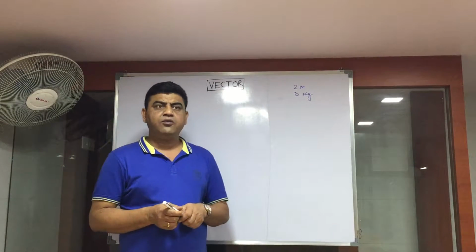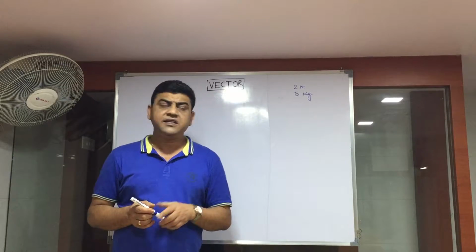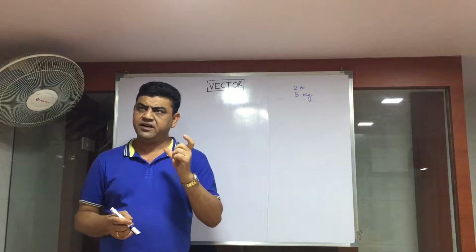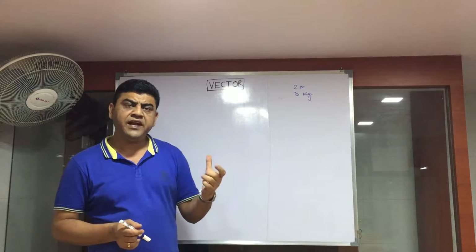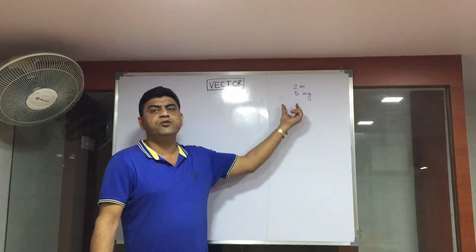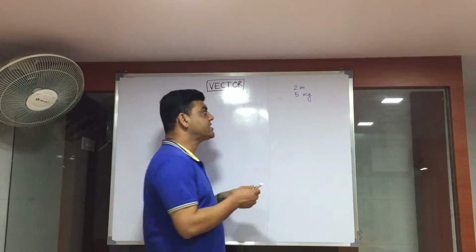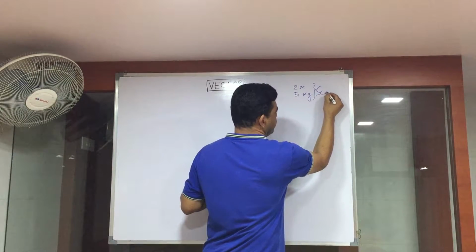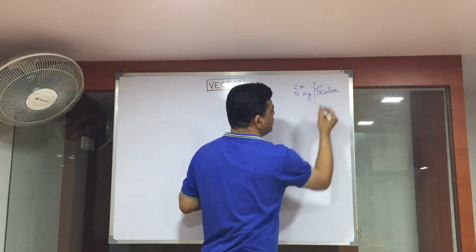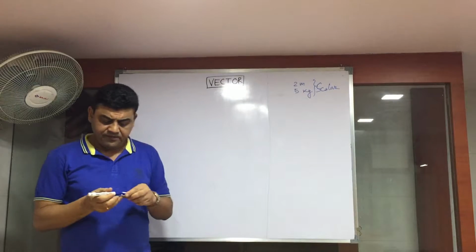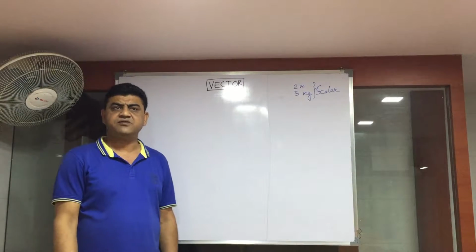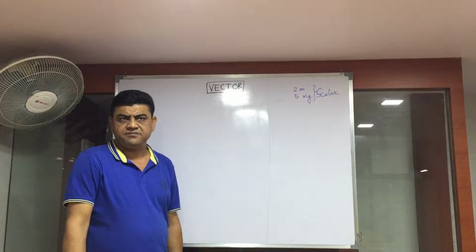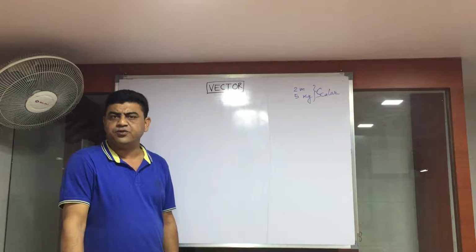Now, these are the quantities which can be expressed by a pure number, so we call them scalar quantities. So these are scalar. There are certain quantities in physics which we'll be using extensively, like velocity, acceleration, force.